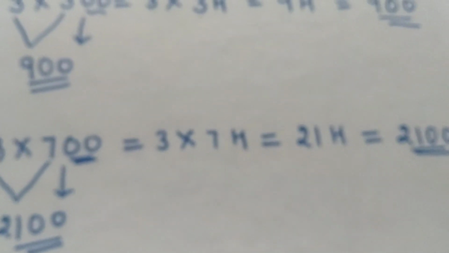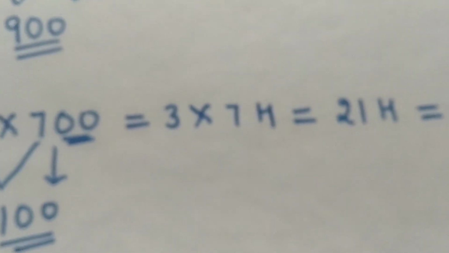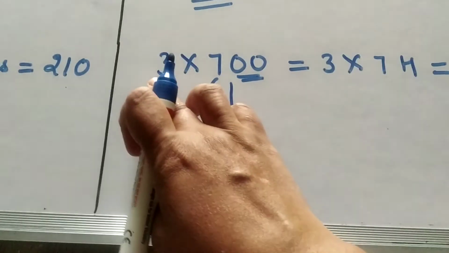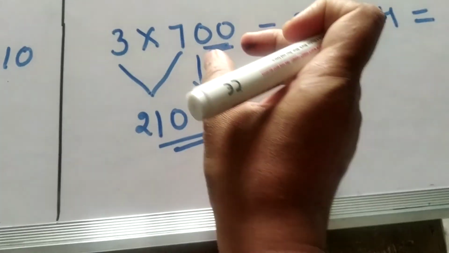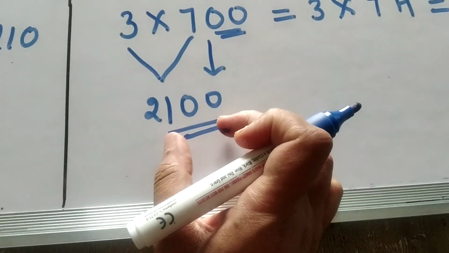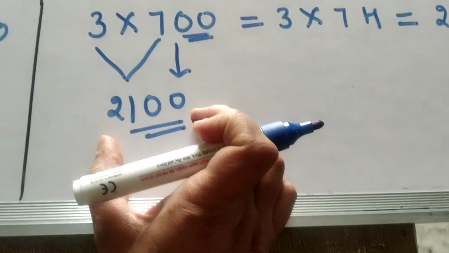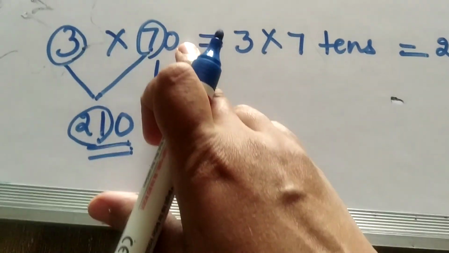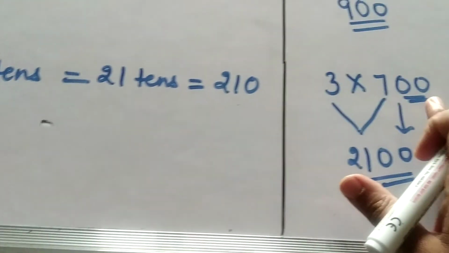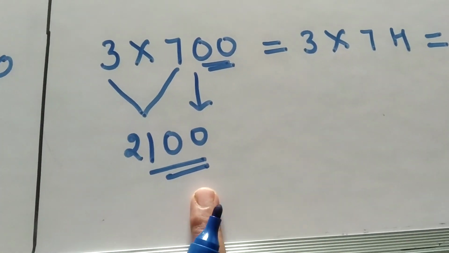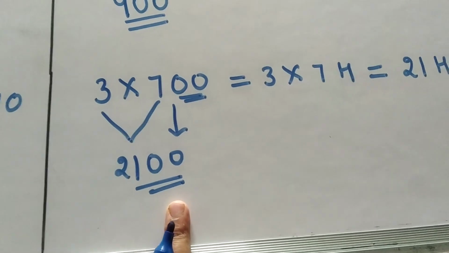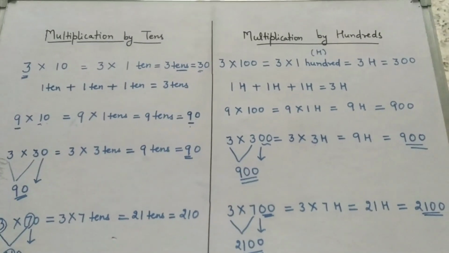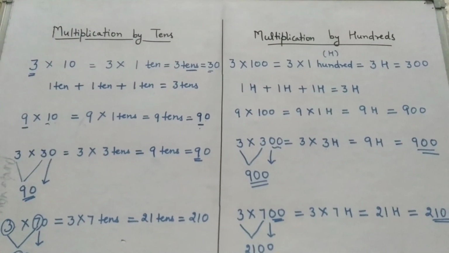So every time we are going to get the same answer. No need of doing this big method. We can just multiply the first two digits, and however many zeros there are, we write next to the number on the right. If I am multiplying by tens, only one zero will be added, and if I am multiplying by hundreds, two zeros will be added. Okay, now you can replay the video to understand it in a better manner.